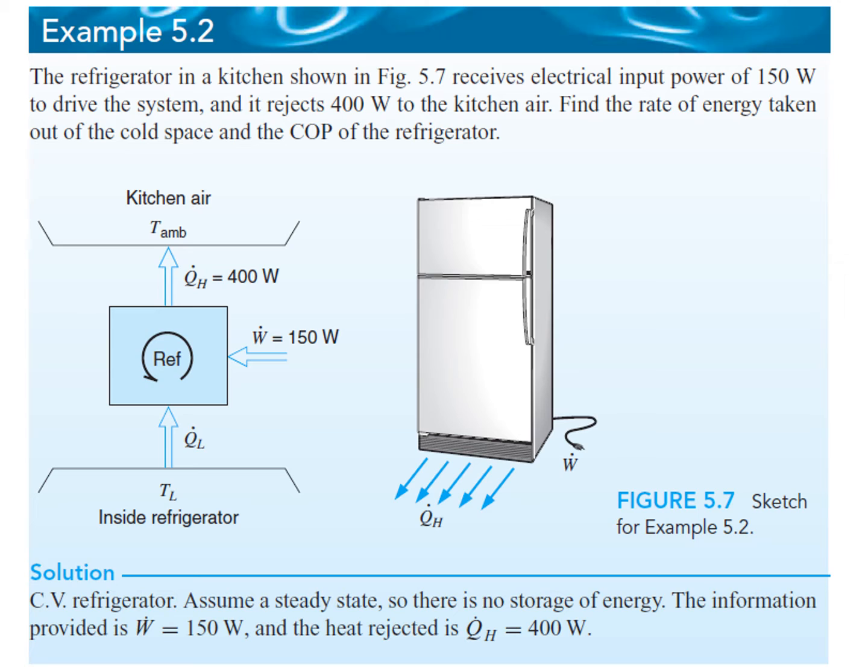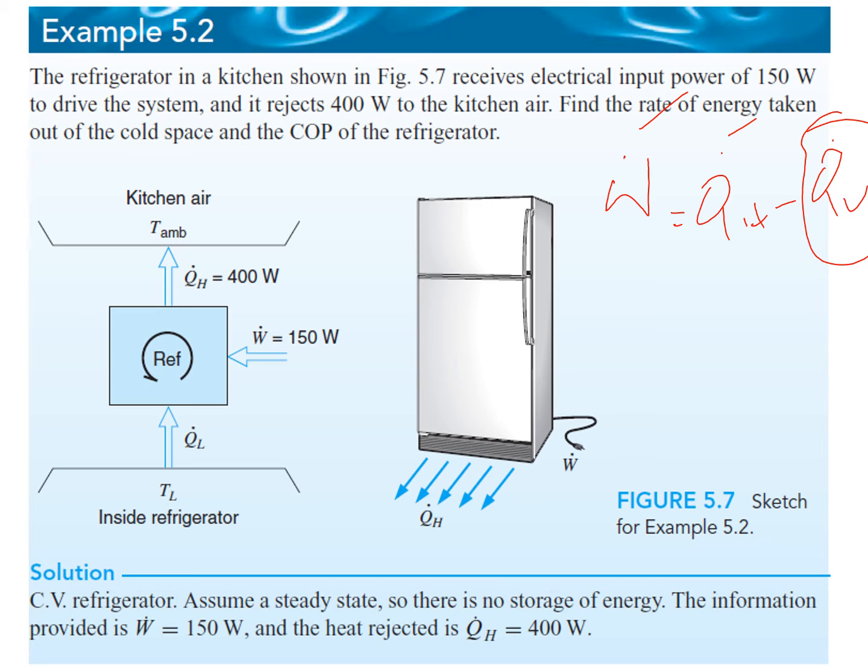So it is quite simple. We know that work is equal to QH minus QL. So we can find out of this equation, work dot is equal to QH dot minus QL dot. So we have these two quantities, and we can find this third one.